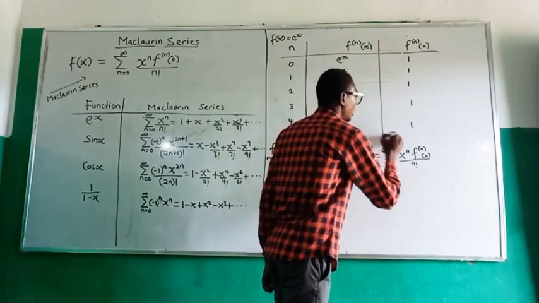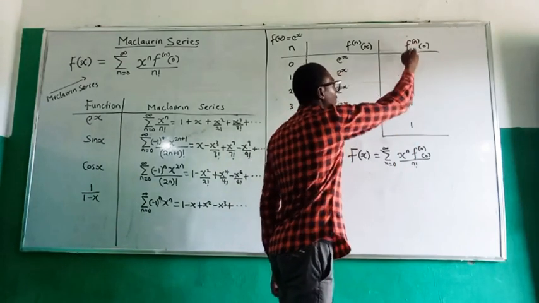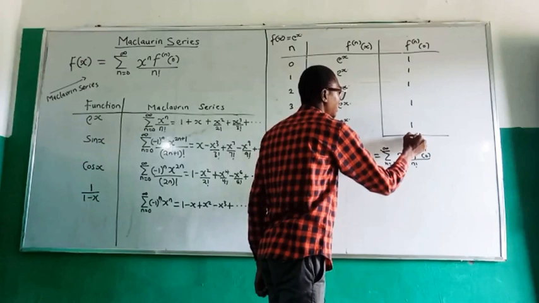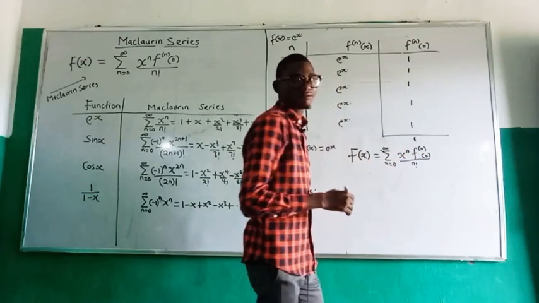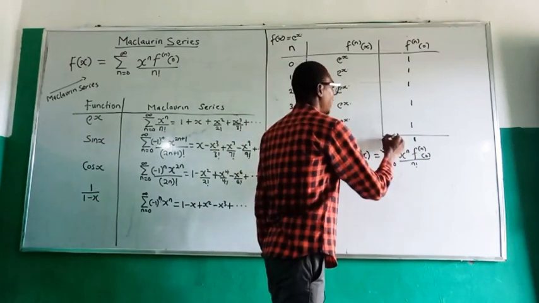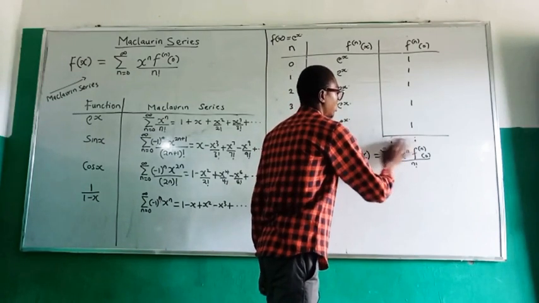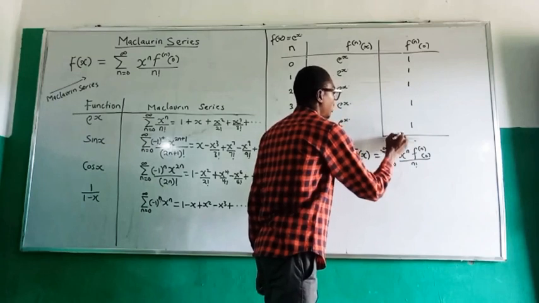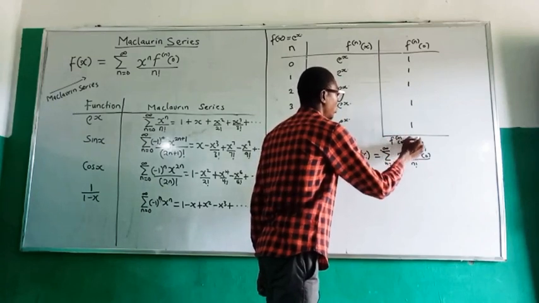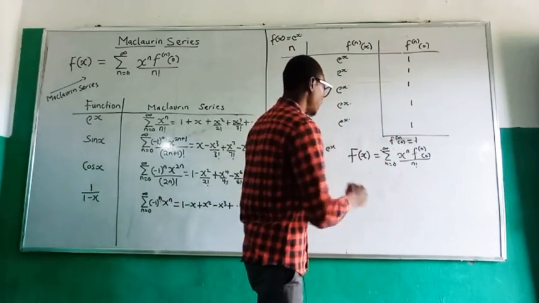So what is the common thing in this place? You notice that everything here is equal to 1. Do you get it now? Which implies that your f^(n) of 0 here is 1.